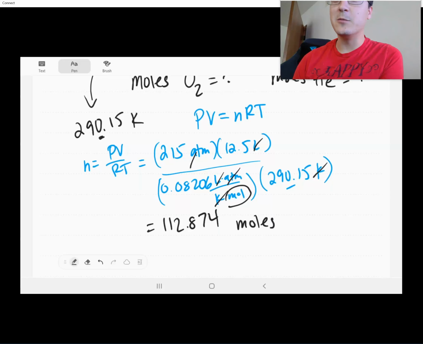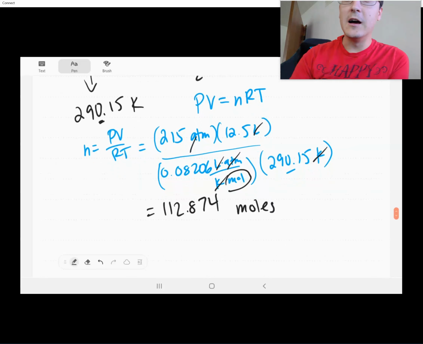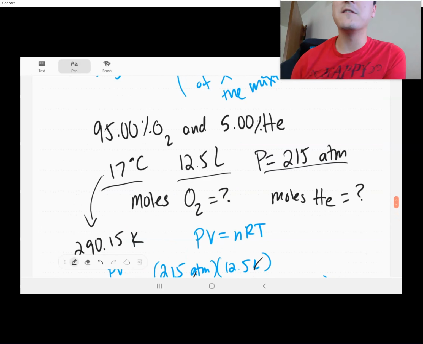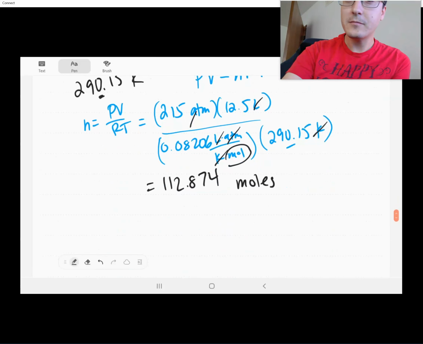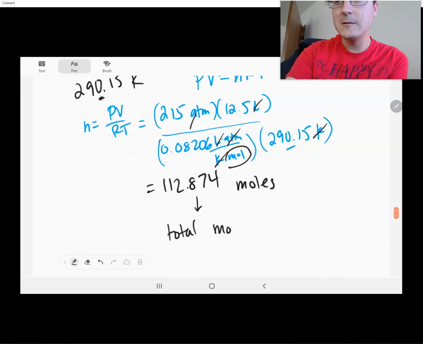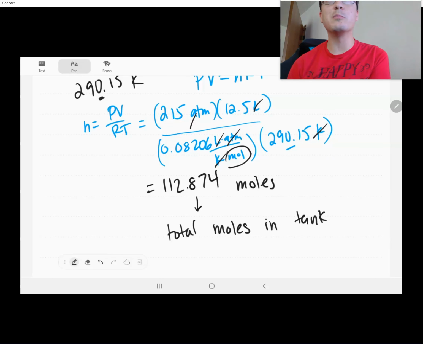Not quite. Indeed, we are going to want to use our 3 sig figs, right? But we actually have stuff to do. We have this 95 and 5% stuff here. So we know that this is the total number of moles, because we use the total pressure. Right?